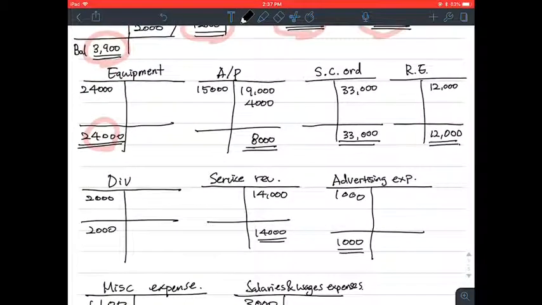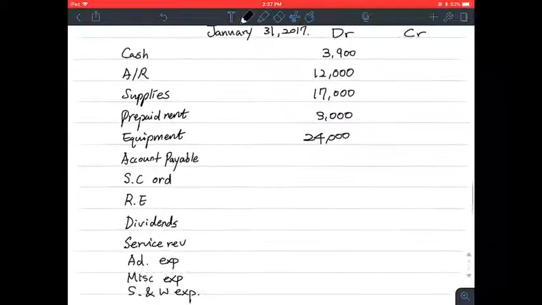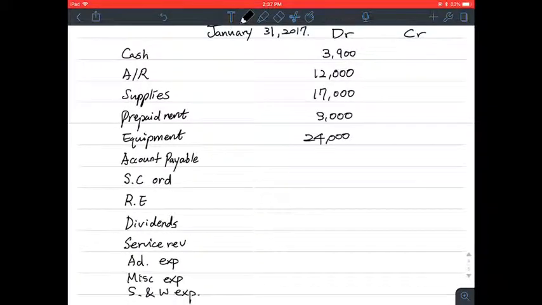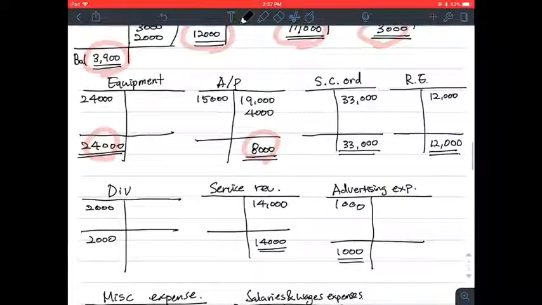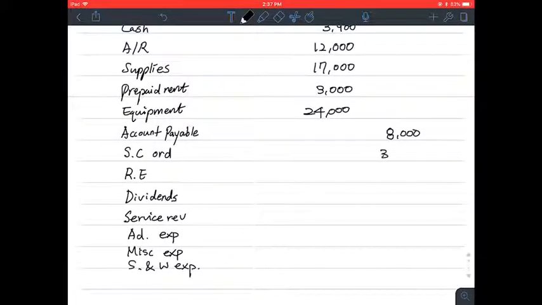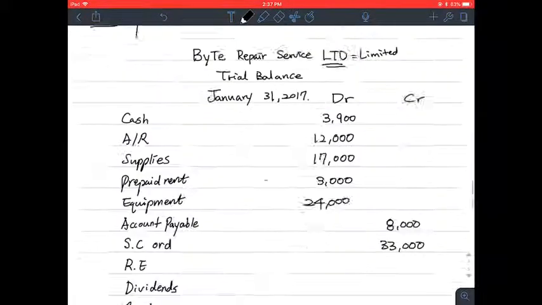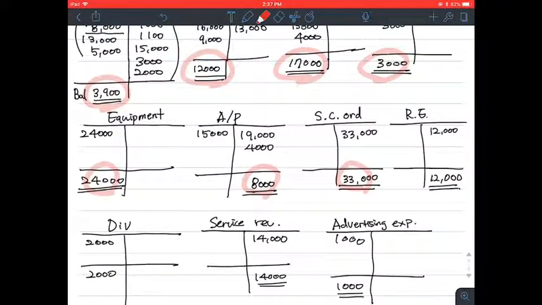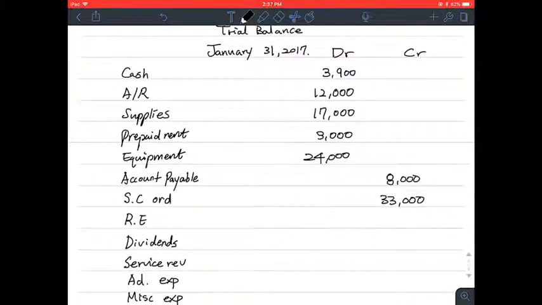For account payable, it was $8,000. And share capital ordinary, $33,000. Retained earning, $12,000.